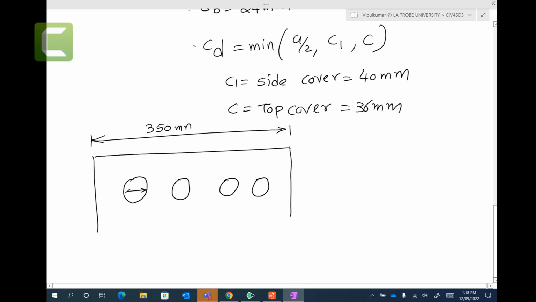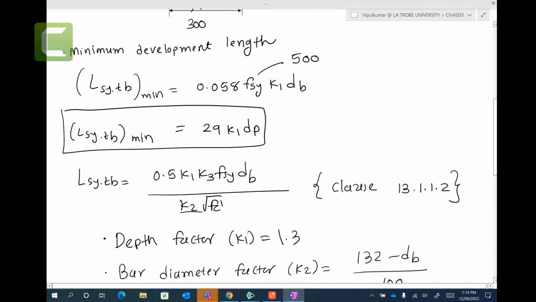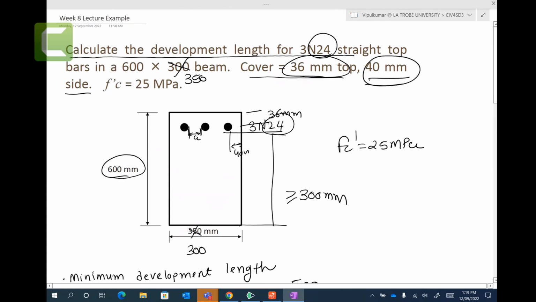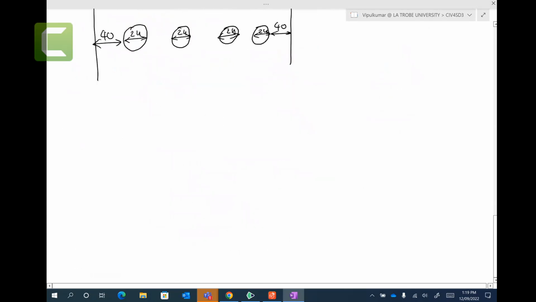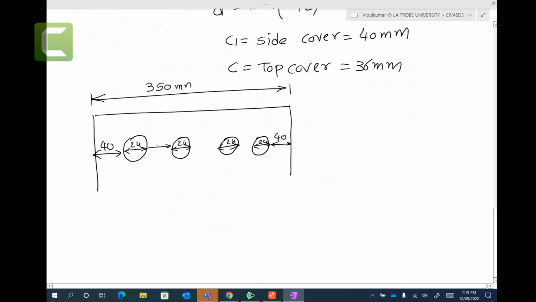Each bar is 24 millimeters. The cover is 40 millimeters on the side. So we need to calculate this distance a, which is, by the way, given here.